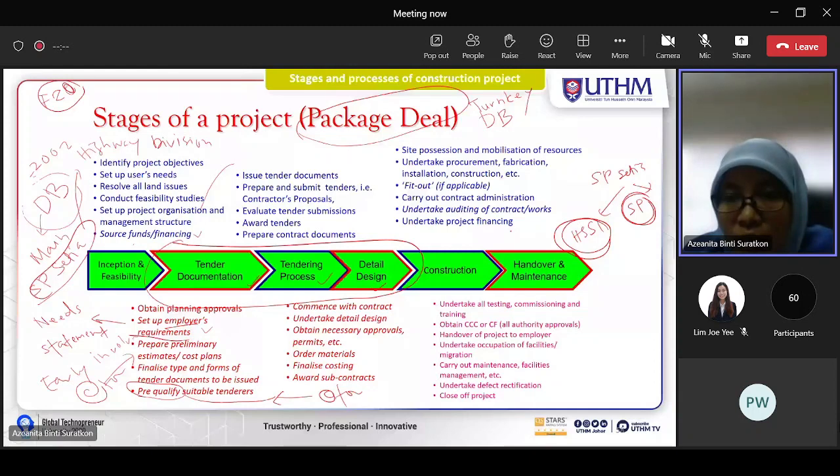SP Setia appoints these 2 companies to come up with the design for the road.